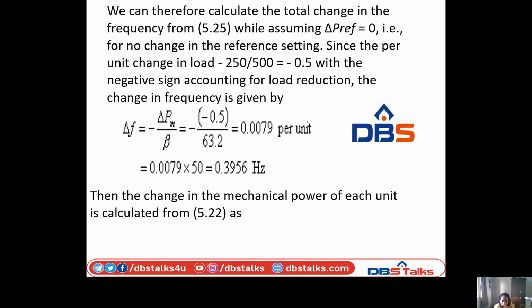The per unit change in load is 250 by 500, which gives minus 0.5, the negative sign accounting for a load reduction. The change in frequency is delta F equals minus delta Pm by beta. With delta Pm equal to minus 0.5 and beta equal to 63.2, we substitute to get delta F.